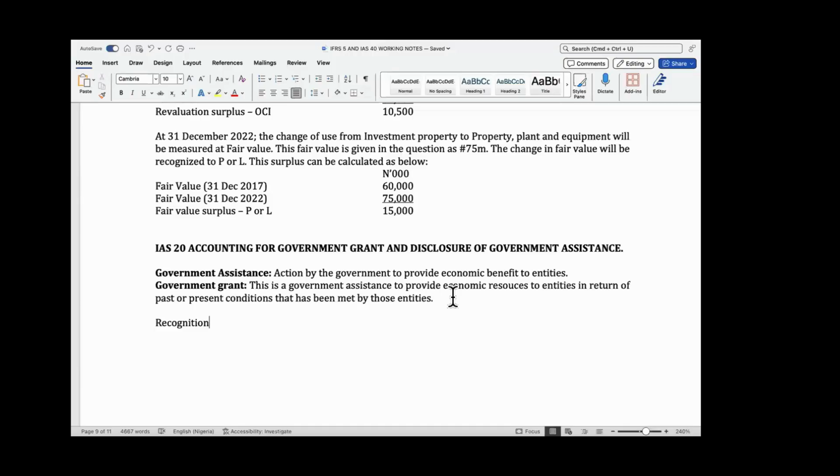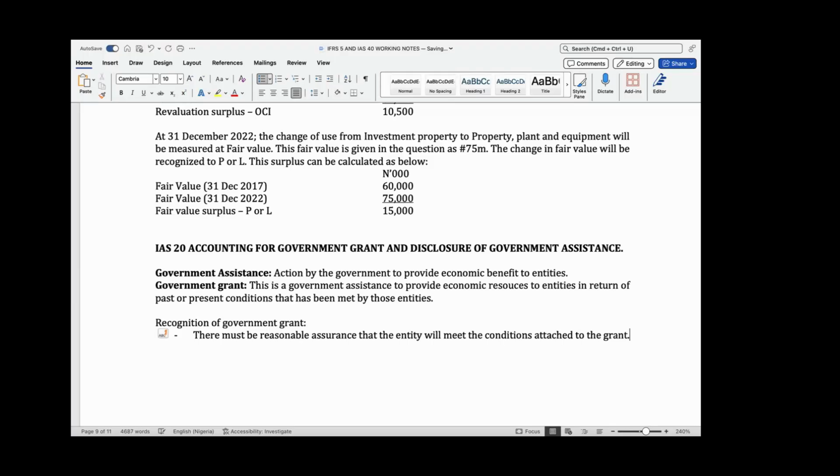So before you can recognize government grants in the books, recognition of government grants. So before you can recognize it, the entity, in fact, let me say there must be reasonable assurance that the entity will meet the conditions attached to the grant.